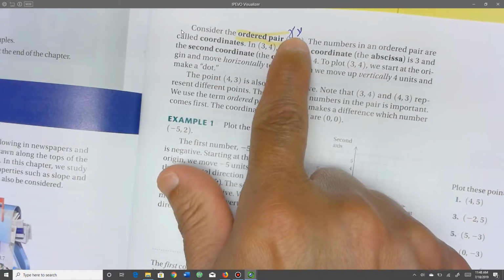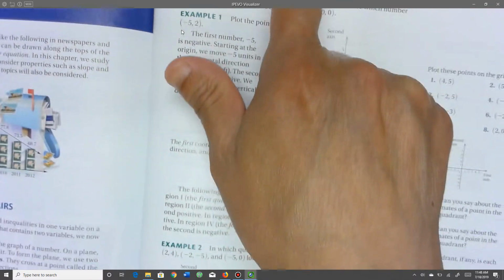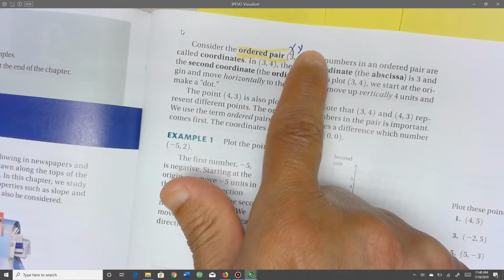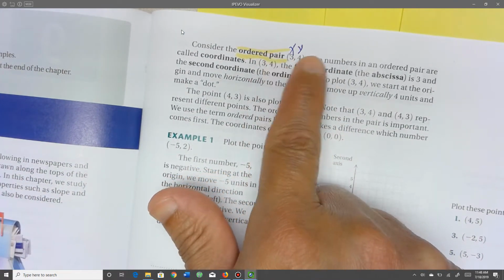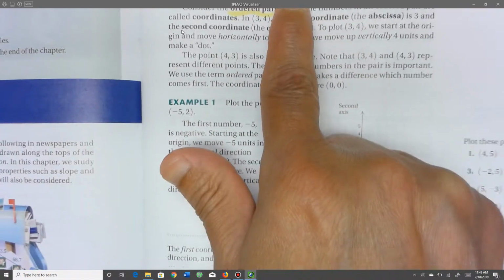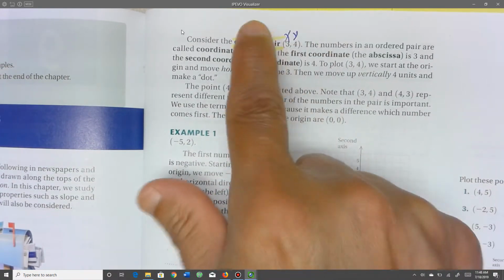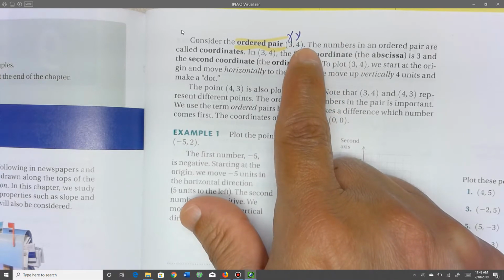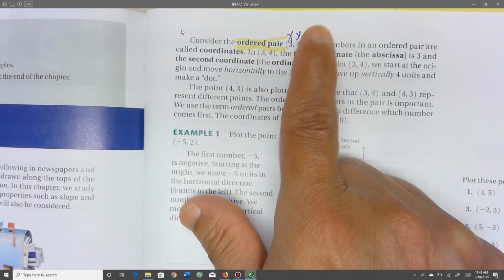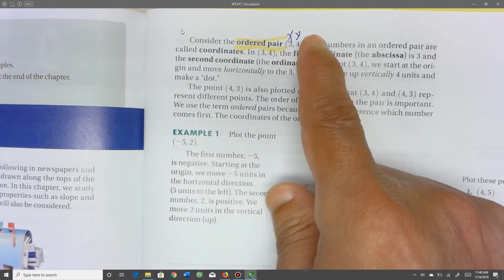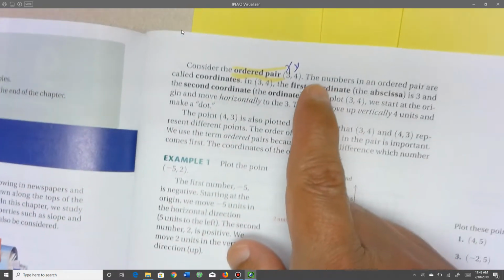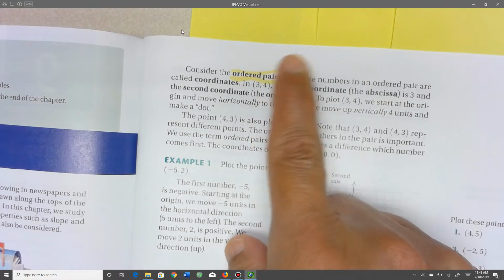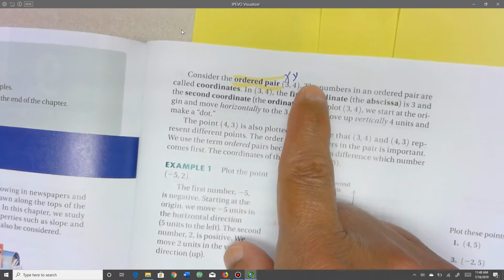Memorize that. That's what it looks like, and it has an x and y value. If you're gonna use different variables, just make sure you follow the order in which they come in the alphabet. So for example, P and Q, P will come first, Q will come next after that, okay?